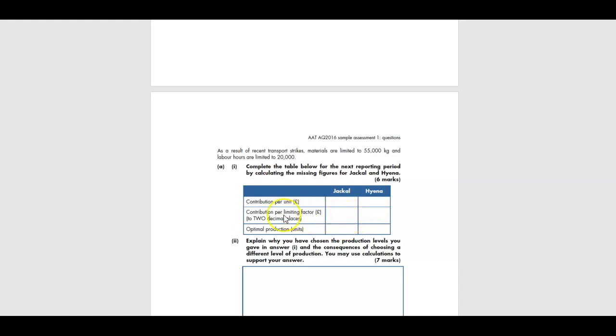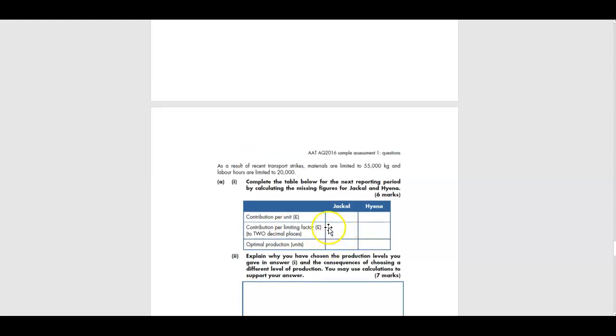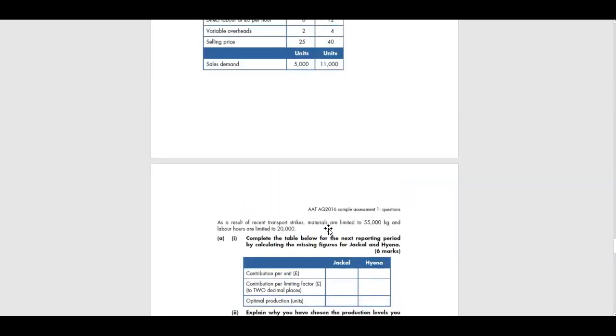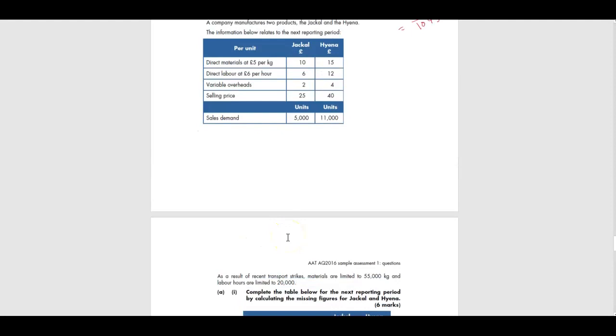All right, so let's have a look which one is shortest. We can see we have 55,000 kilo of material and we have 20,000 labor hours. Let's have a look at how many hours or how much material we need if we want to make everything. The first thing we can see, the demand is 5,000 for Jackal.